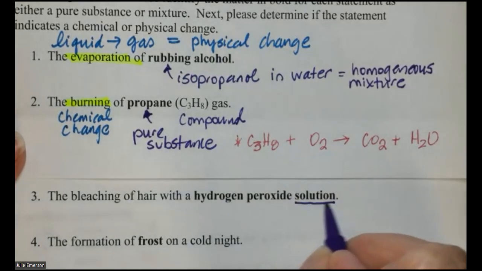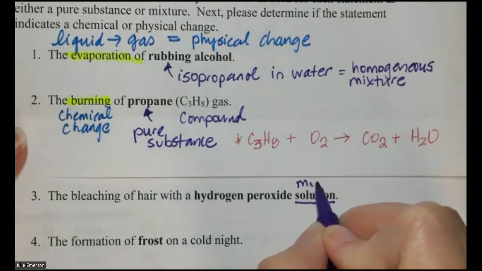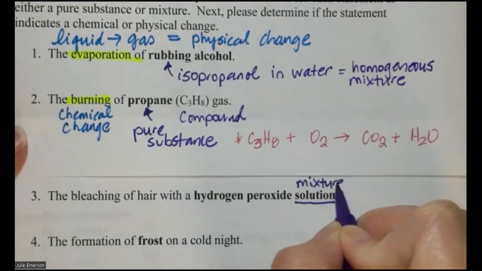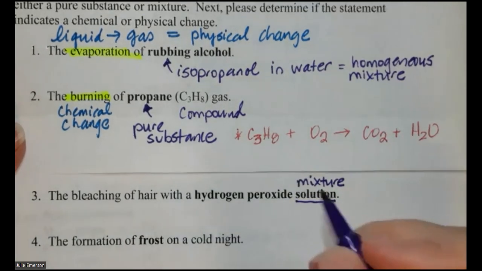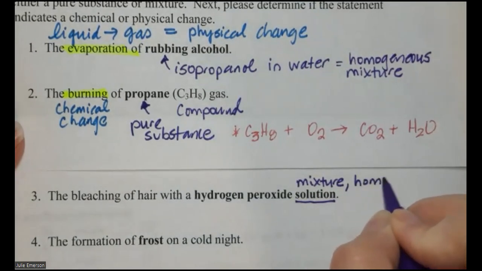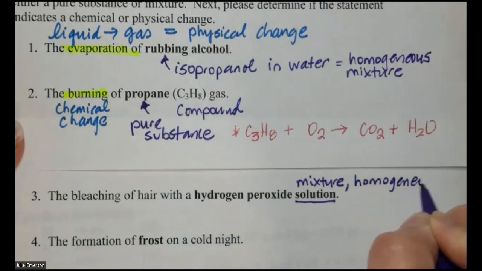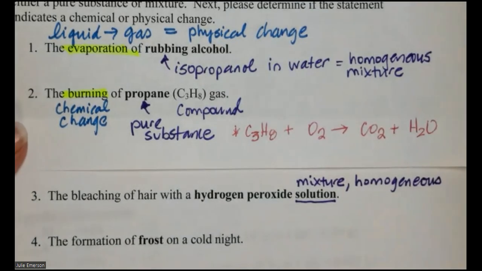But as a solution, remember solution is kind of synonymous with a homogeneous mixture. It means that there's multiple parts. And so in this case, it's hydrogen peroxide and water. And so we can't tell the water from the hydrogen peroxide. So again, that makes it homogeneous.